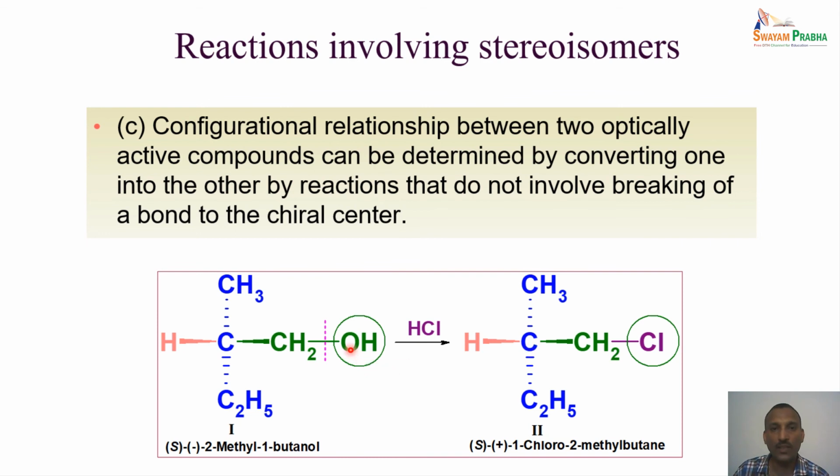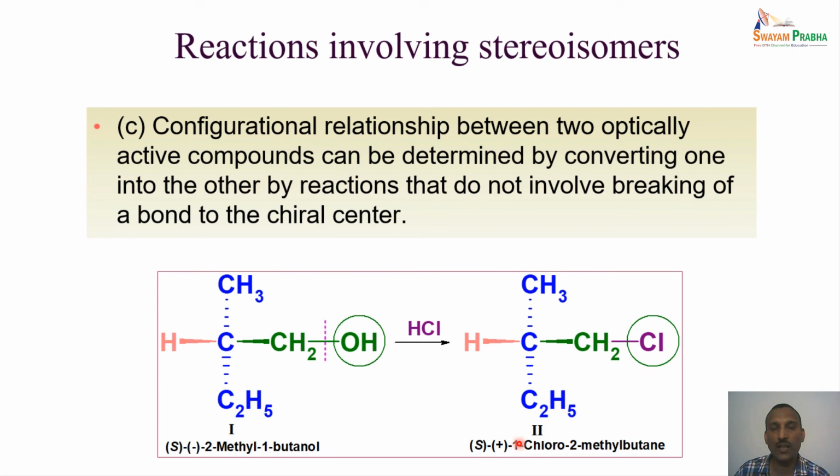Of course, in the starting material the hydroxyl has the highest priority, and chlorine also has the highest priority. So if it is an S isomer, we will still have the same S isomer. It will not change. But now you observe that this starting material has a negative optical rotation, whereas the product has a positive optical rotation.